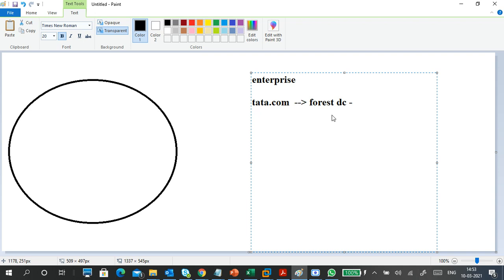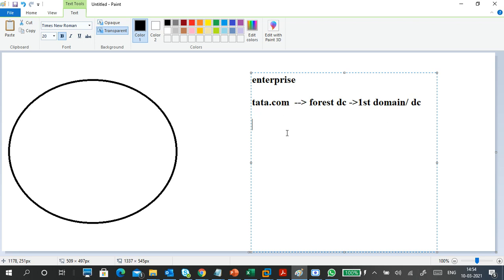It is the first domain, and the server is the first domain controller in the forest. That is your forest. What is your forest name? Tata.com.